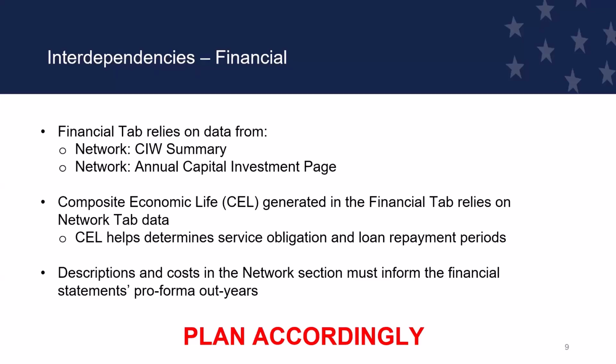So if you're in a loan, it's the term; if you're in a grant, it determines your obligation period, and all of that relies on consistency. You need to know that one portion informs another, and having any inconsistencies there can cause an upset as you go forward. Next slide.